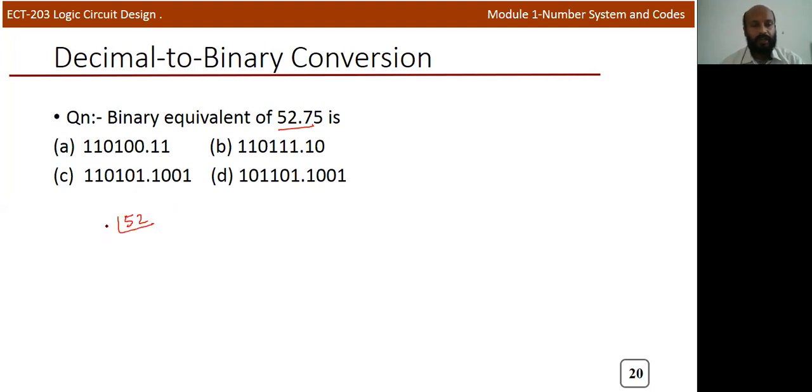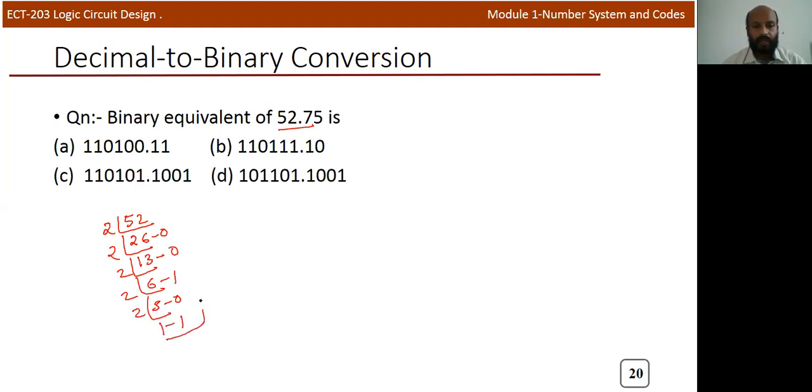So you need to write 52 and you can divide, become 26, remainder 0, and again 2, 13, remainder 0, again 2, 6, remainder 1, 2, 3, 0, and again 2, we'll get 1 and remainder 1.